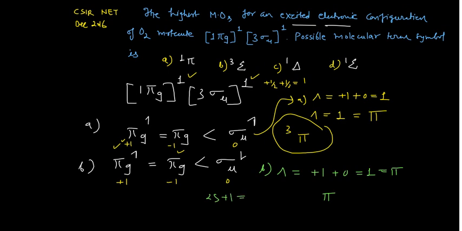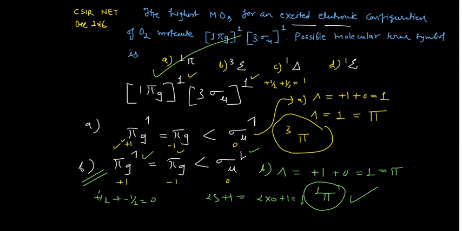In this case these electrons are paired, so the first is plus half and the second is minus half. That will give you 0. That means 2 into 0 plus 1 equals 1. That means 1pi. So this is the correct excited state which is given here. So your answer would be A in that case. This is how you can determine the answer.